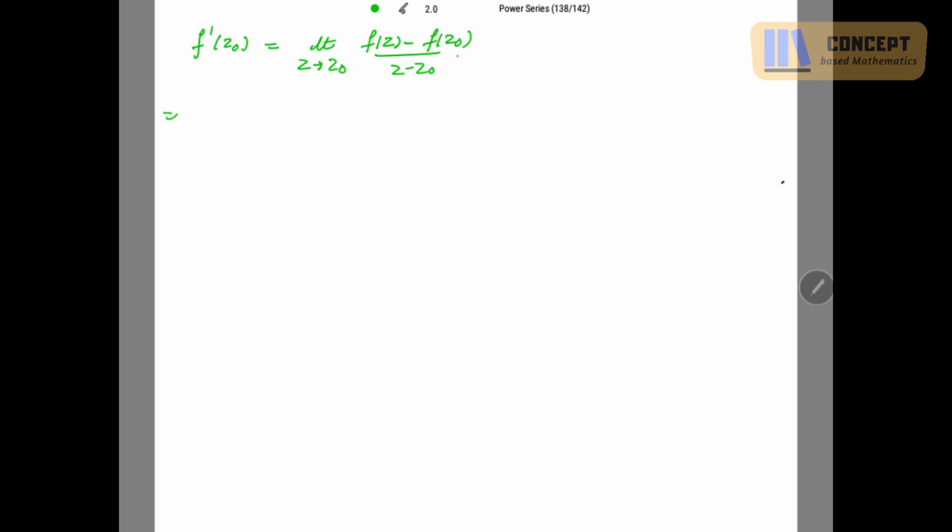So this implies that, if you do not write the limit, then this can be written as the mod of f of z minus f of z0 over z minus z0 minus f dash z0 is less than epsilon for mod of z minus z0 less than delta.